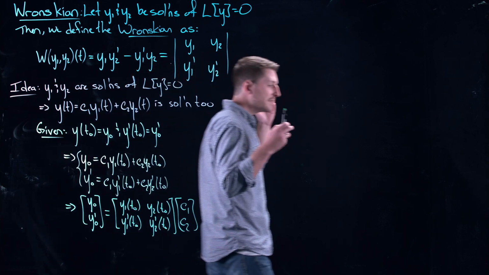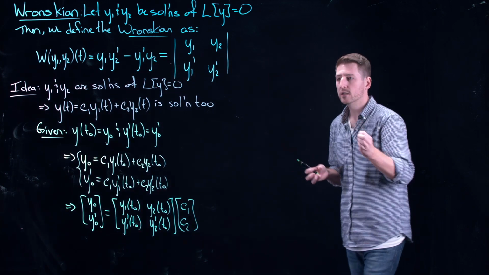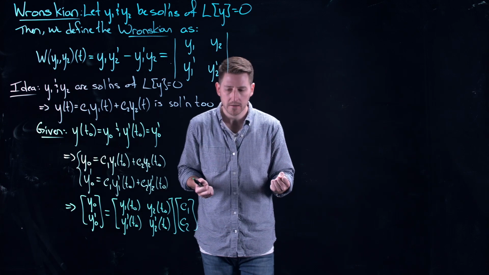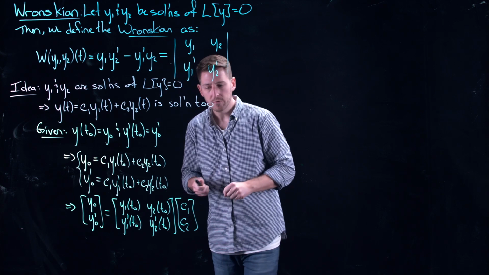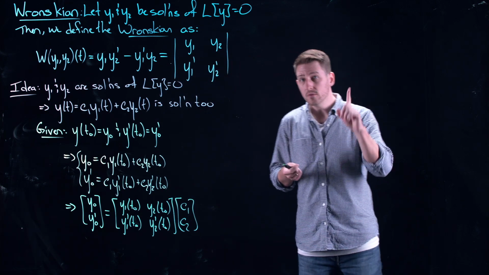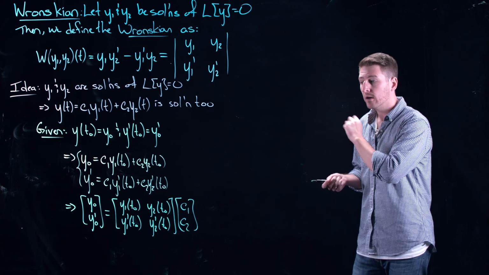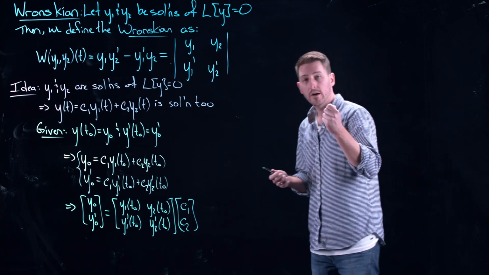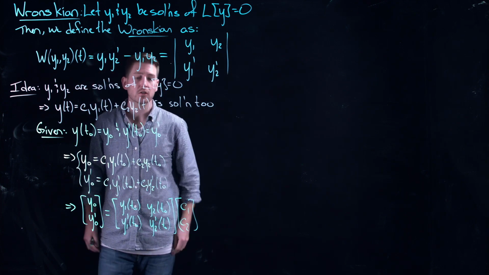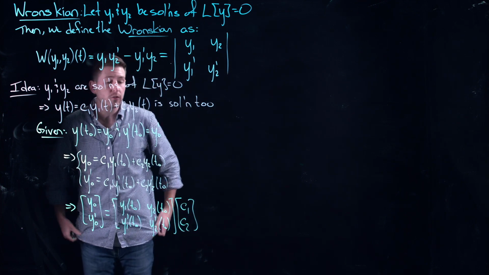So this is a standard problem in linear algebra. AX is equal to B, and you need to solve for X. In this case, I need to solve for C1 and C2. And so the question is, when do I know that I have a solution no matter what the value of y0 and y0 prime are, right? So you could be interested in specific initial conditions. I could be interested in other ones.